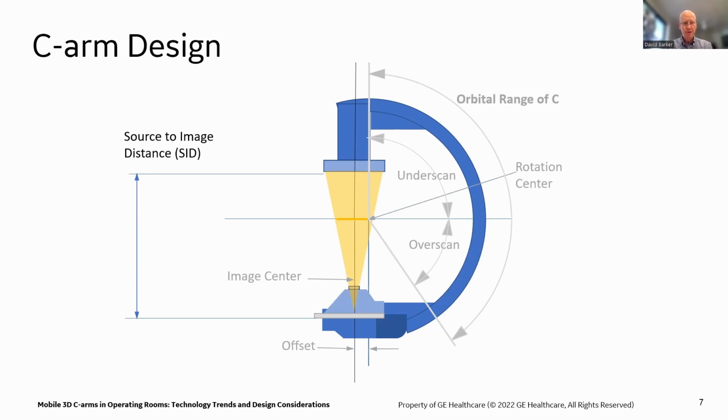One term that people use a lot, you probably have heard this term, is the source to image distance. That's measuring the starting point on the generator, the focal spot on the X-ray tube, to where the image starts on the scintillator on the detector. The SID is a big measurement everybody likes to talk about. The thing that's kind of interesting is that you practically have no good way of measuring this.